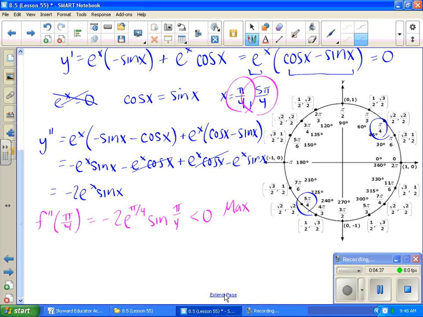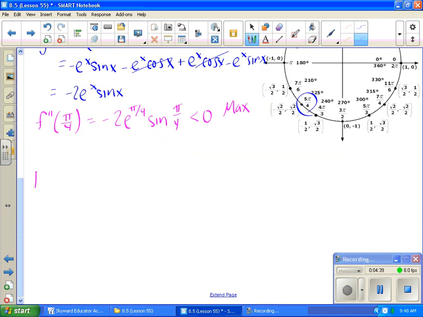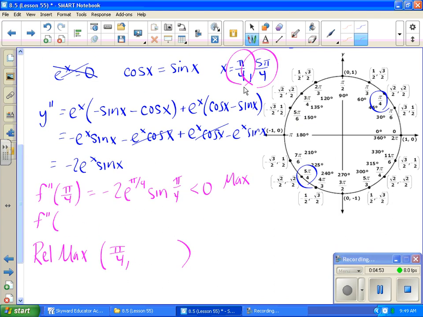So I'm going to write that kind of down here. Relative max is going to be at pi over 4 comma something. And we'll find that something in a little bit. Okay, and then if I try the second derivative at the other, 5 pi over 4, I still have negative 2e to the 5 pi over 4, so try that in your calculator.